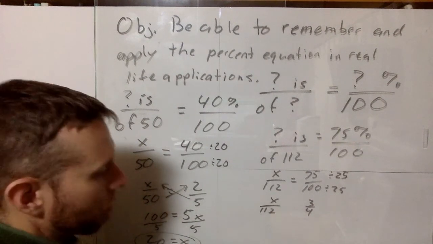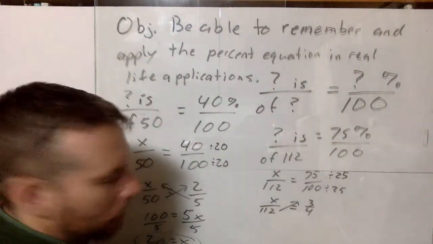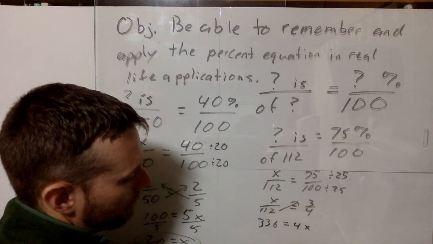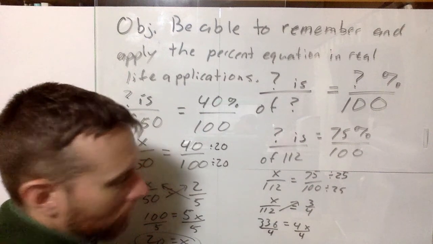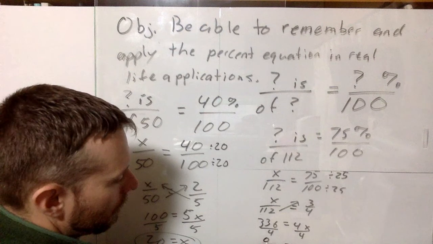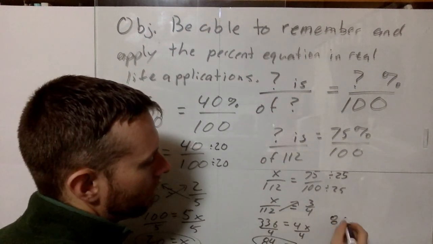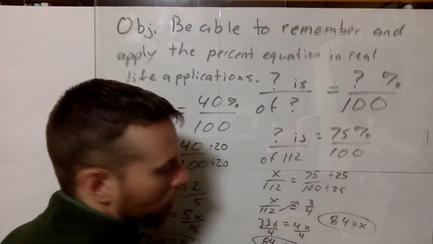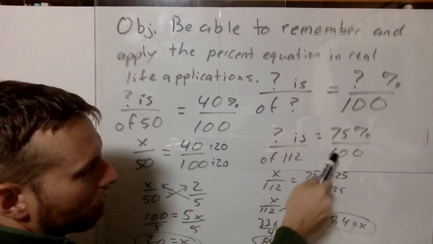Then if we do the cross products, 3 times 112 is 336, and 4 times x is 4x. Divide both sides by 4, and I believe we will get x equals 84. So 84 is 75% of 112.